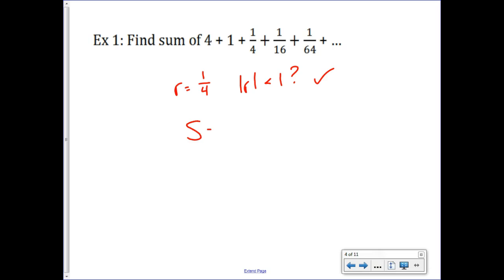So then the sum is equal to the first term over 1 minus the ratio.